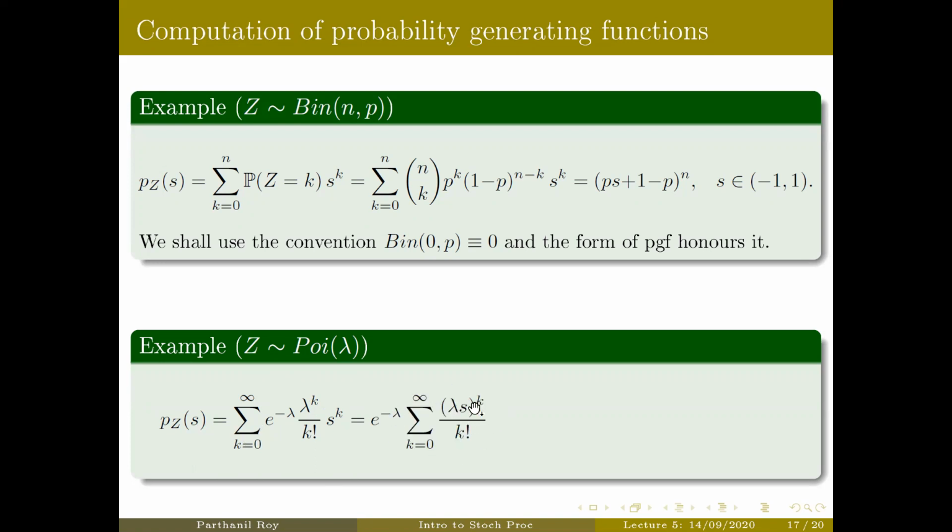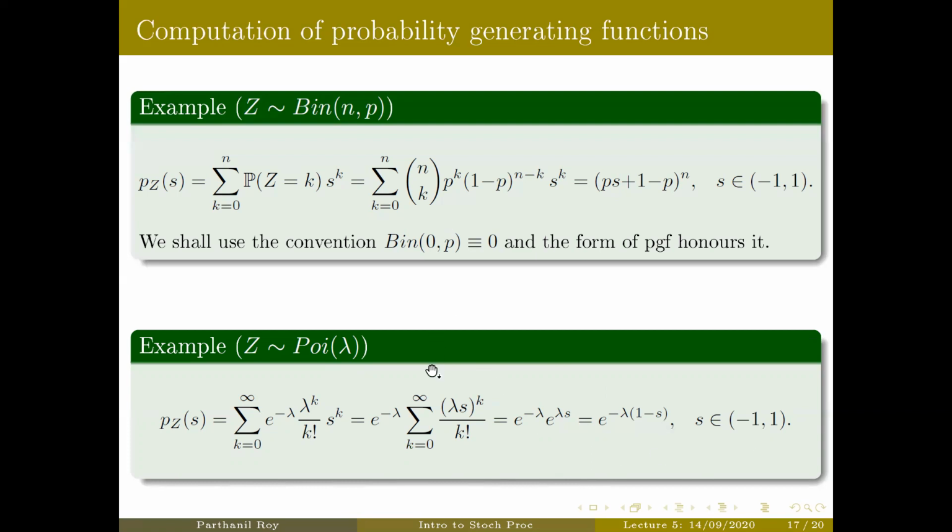Now this sum is nothing but e power lambda s, so we get this thing, and by simplifying we get e power minus lambda into 1 minus s. Again, this is a power series whose radius of convergence is infinity, because this is true for every s in R, but we only care about -1 to 1, so let's keep it that way.